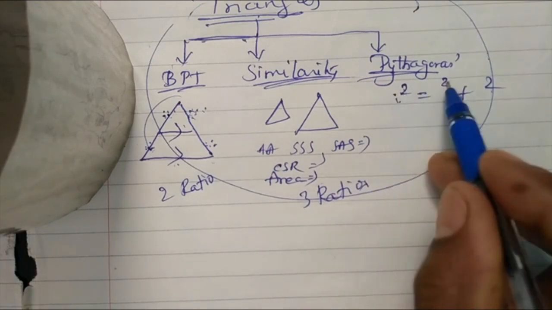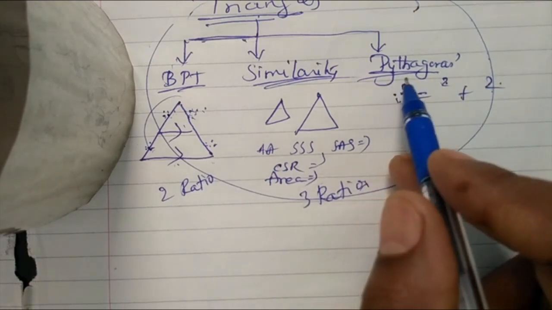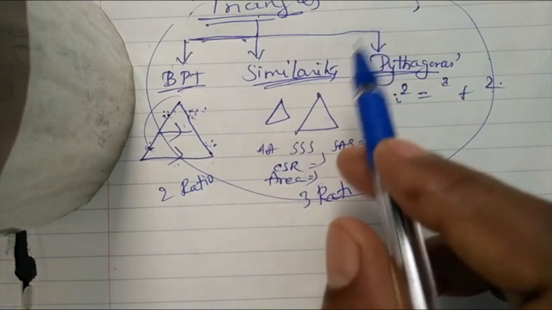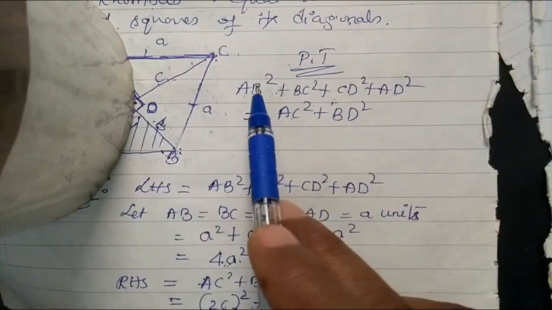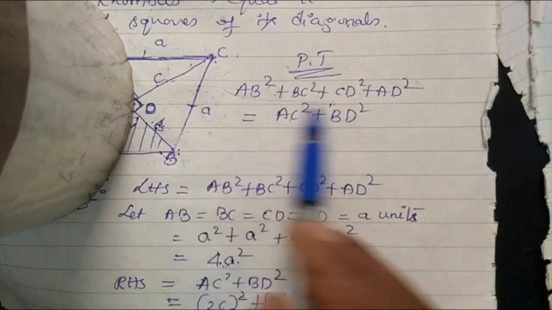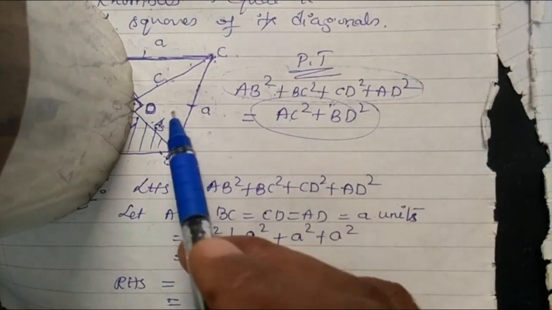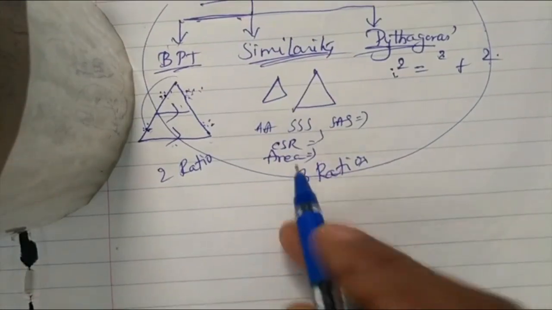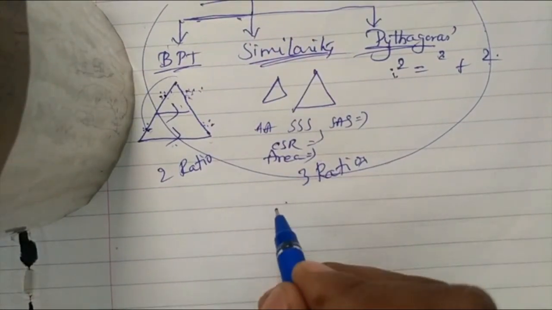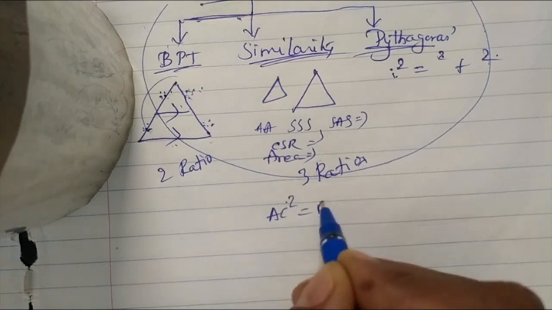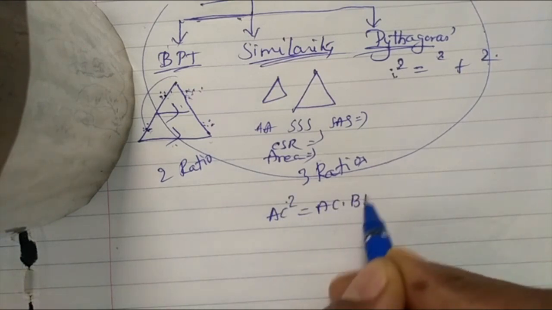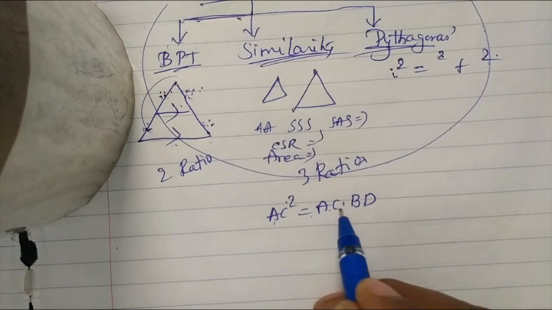Here everywhere squares will get squares. So if you see in the given question full of squares, for example in the last problem, square, square, square, square. In the LHS the whole thing is squared, in the RHS also everything is squared. But in similarity also some confusions are there. When we go for some problem, they may give it like this: prove that AC square is equal to AC into BD.